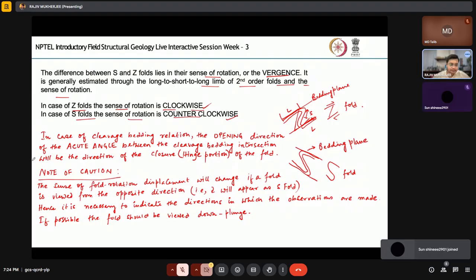This is how one should approach the vergence in understanding folds on a regional scale.